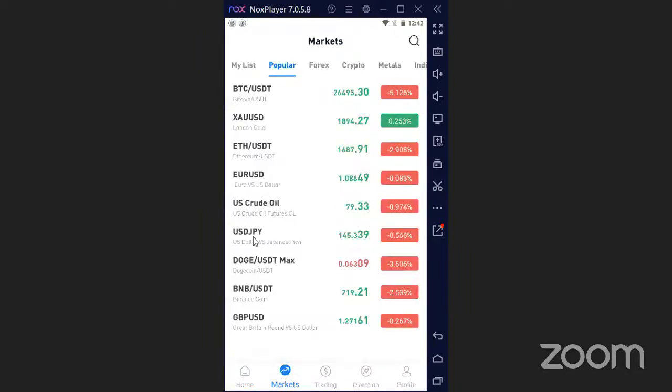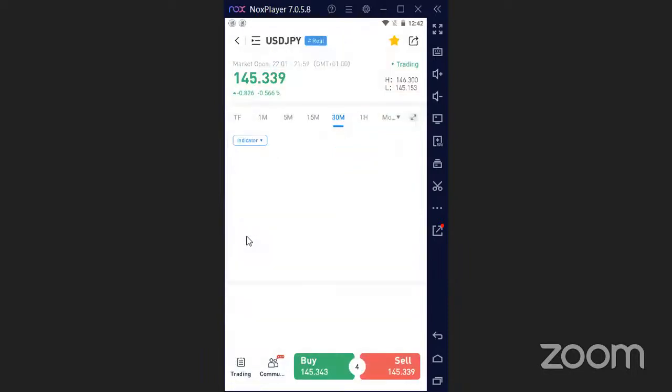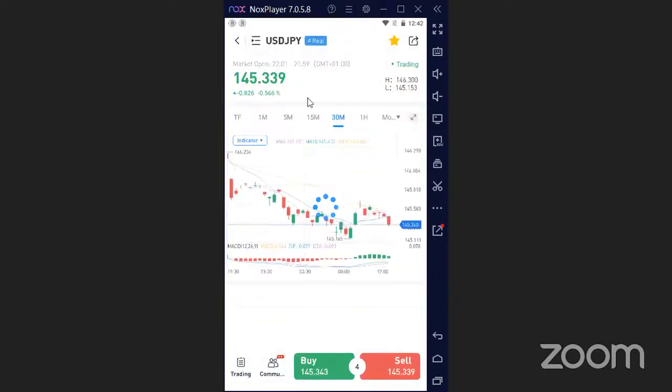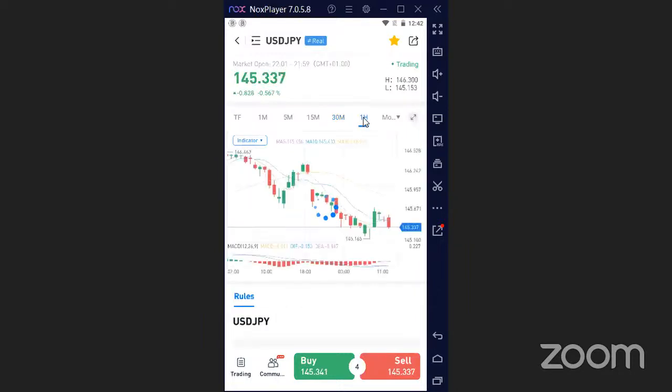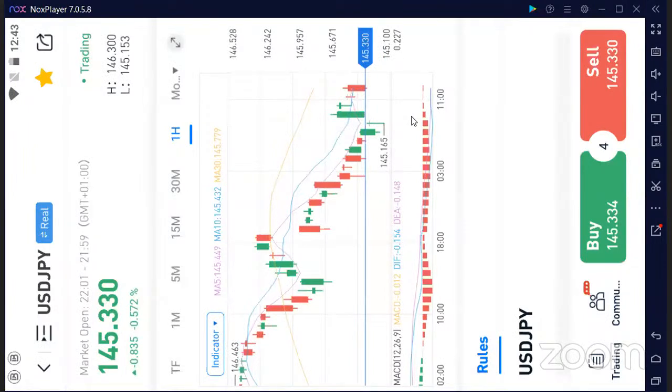Okay, so we were on USD JPY earlier. I don't know why every time I try to put it on the landscape, it just keeps hanging. So let's try it one more time. If it doesn't work, then we use this chart.